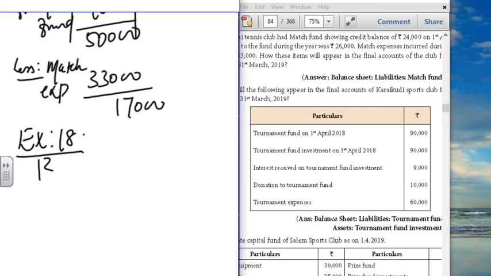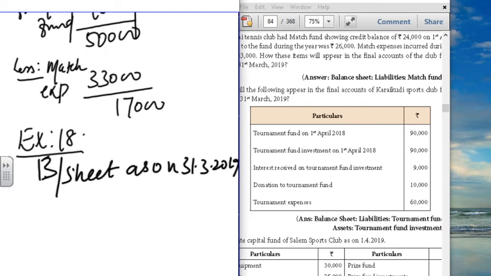So as usual your heading should be balance sheet as on 31/3/2019, and it appears in the tournament fund.